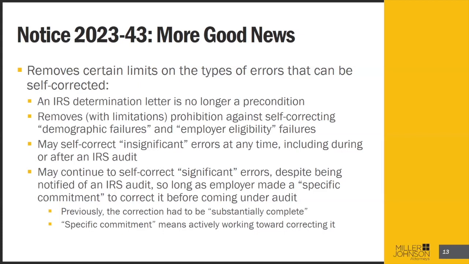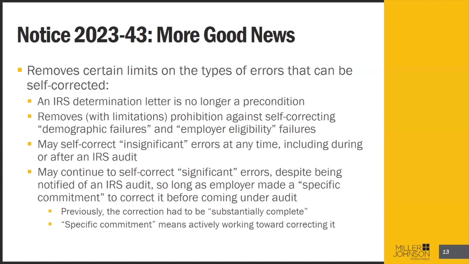It removes, so there are a couple categories in EPCRS that are almost flatly called out as something you can't self-correct anyway. You can file a VCP and ask for correction, but you can't self-correct it. Those would be demographic failures and employee eligibility failures. Demographic failures are really where you haven't covered enough people with your plan.